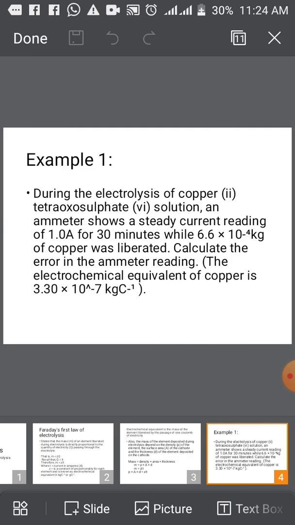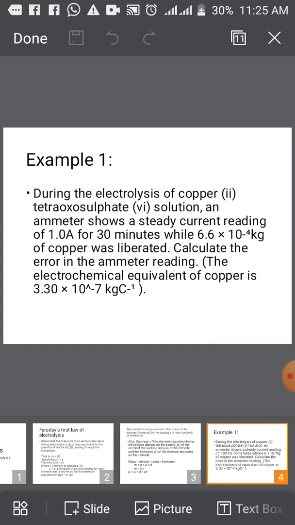Example 1. During the electrolysis of copper 2 tetraoxosulfate 6 solution, an ammeter shows a steady current reading of 1.0 ampere for 30 minutes, while 6.6 times 10 raised to the power minus 4 kg of copper was liberated.